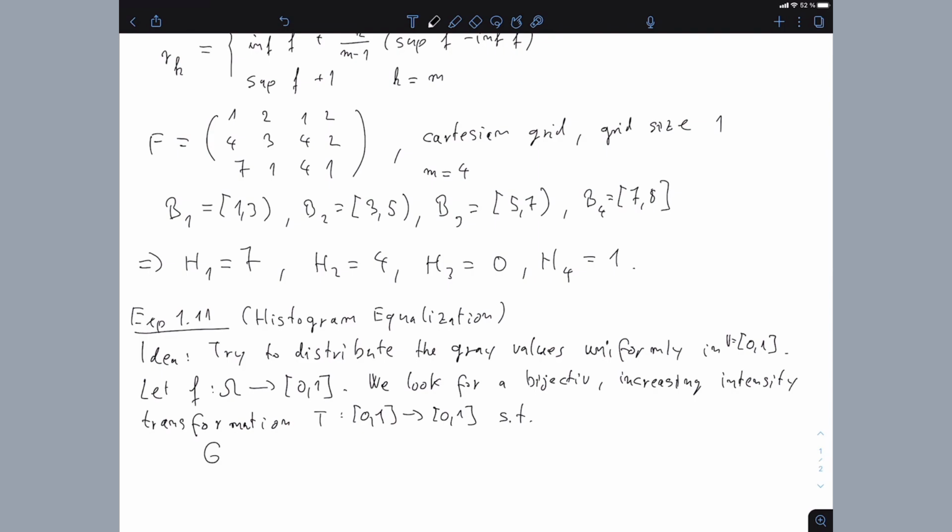We want the CDF of the intensity-transformed image, so if we take our original f and apply our intensity transformation, we want it to be s times the volume of omega.